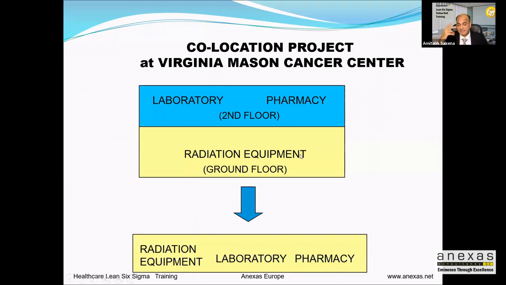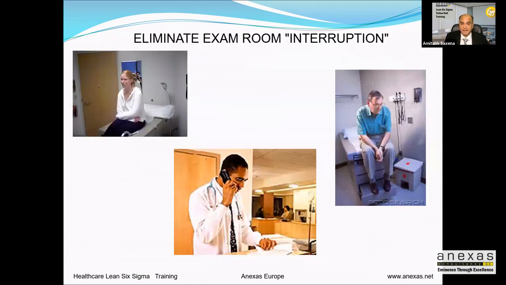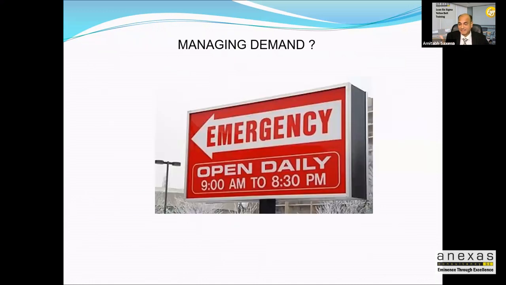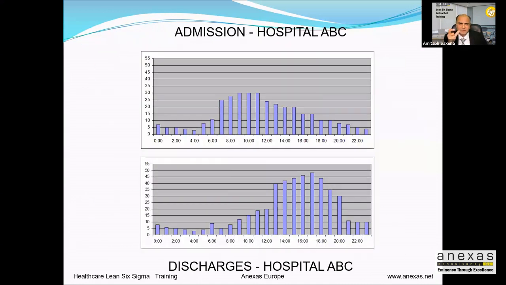So lab and pharmacy are on the second floor, radiation equipment on the ground floor. If you bring them all on the same floor, you'll reduce the waste of motion. Exam room interruption may lead to waiting, which is also a waste. As an example, if you look at the typical admission and discharge times, the people are waiting for the beds in the morning, but discharging happens towards the end of the day.